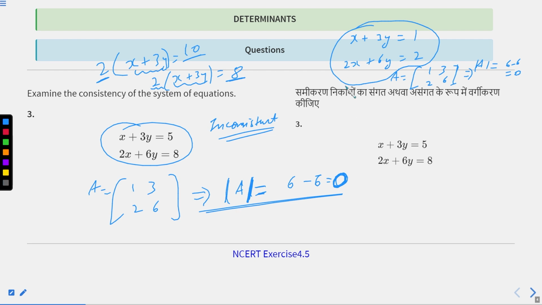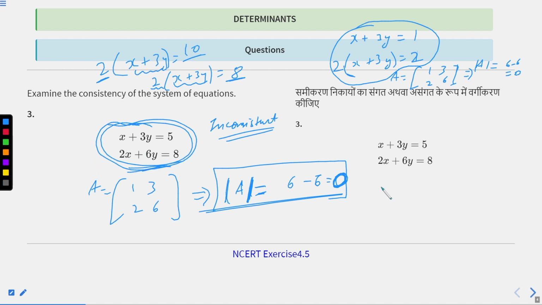Take 2 common from the second equation, and just divide by 2, you will get the first equation back. So you have infinitely many solutions. Whenever the determinant of A is 0, it depends on the system.